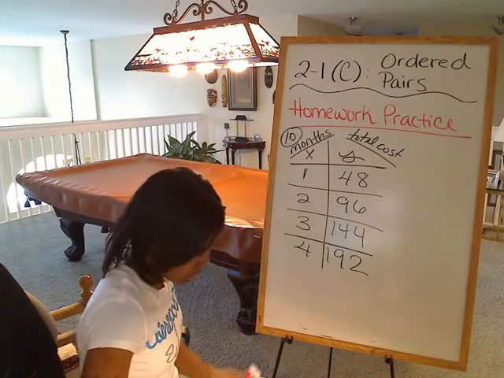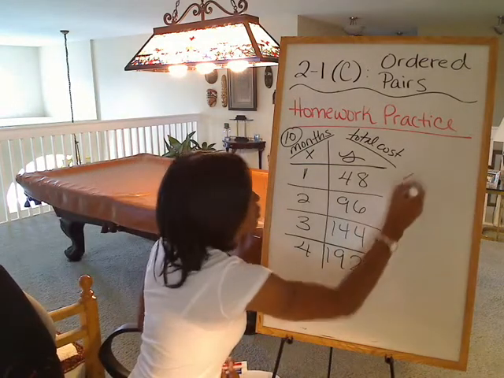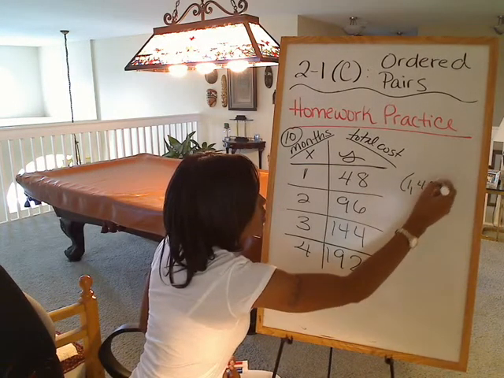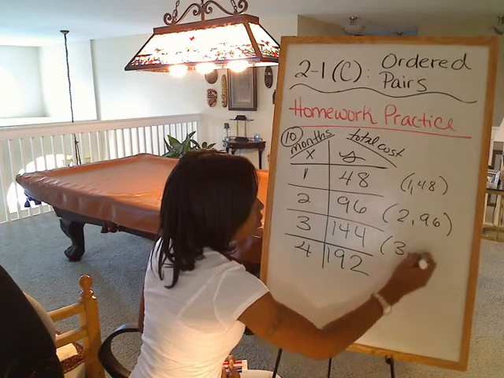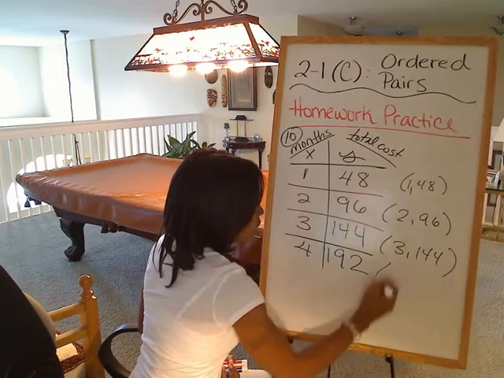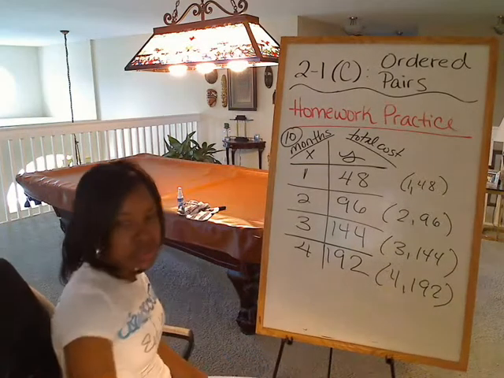So you're done with the table, and then you just graph them. These are your points: 1, 48, 2, 96, 3, 144, and 4, 192. Those are the 4 points that you would graph.